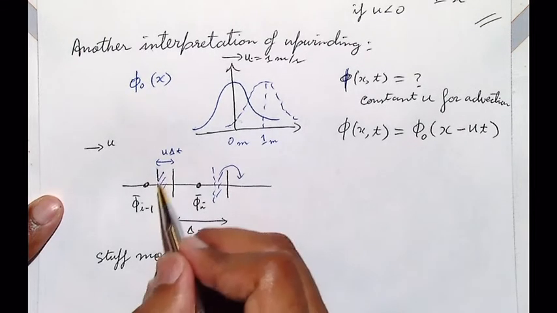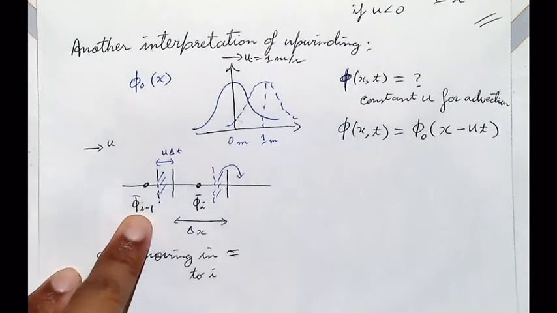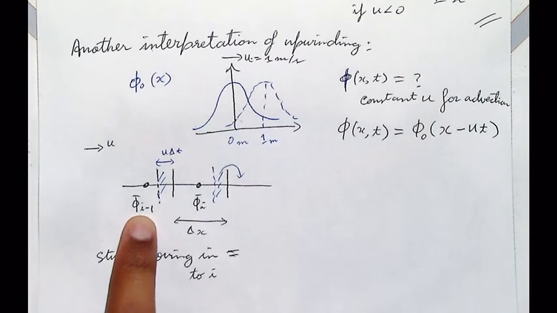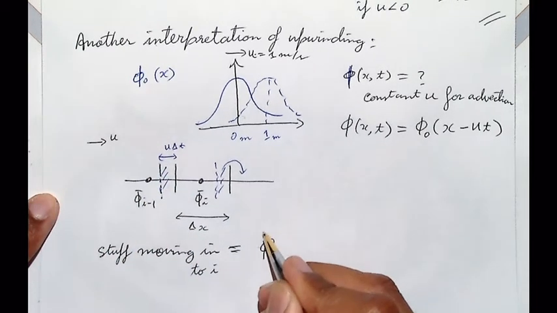No, u delta t is correct, but u delta t is just distance. I want the mass, or phi, that moves in. What does phi bar represent? The average scalar in the cell. Yeah, phi bar is the average value. So it'd be phi bar u delta t over delta x.